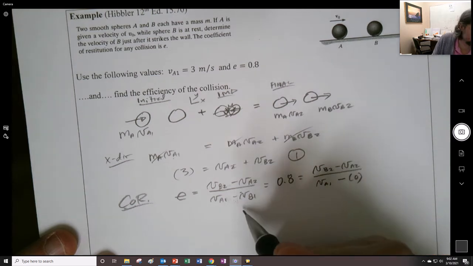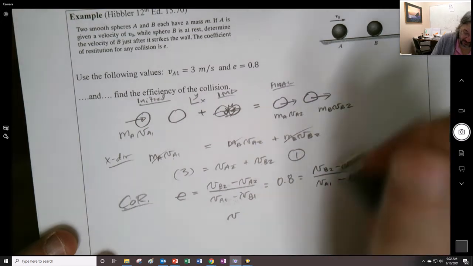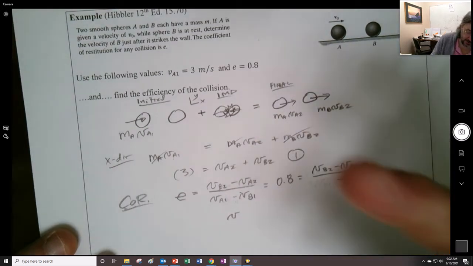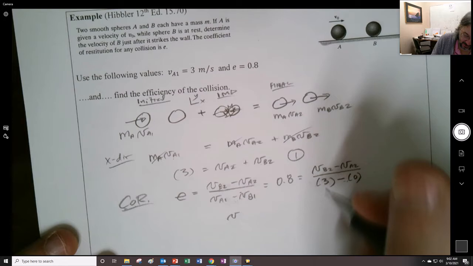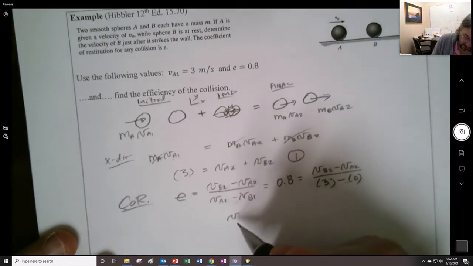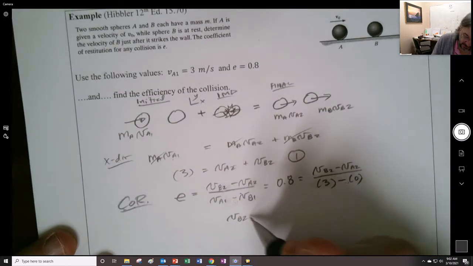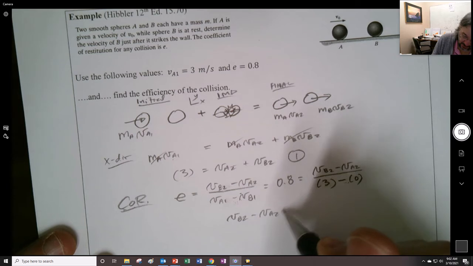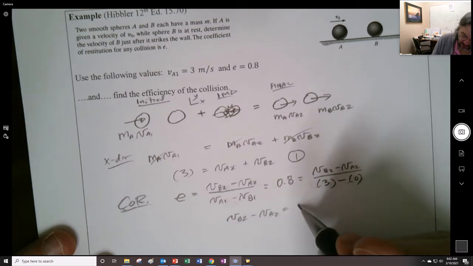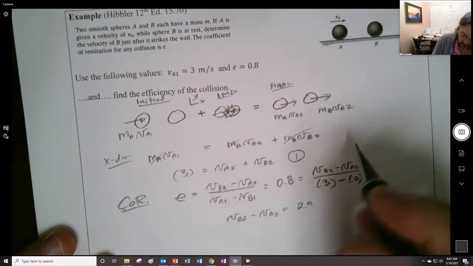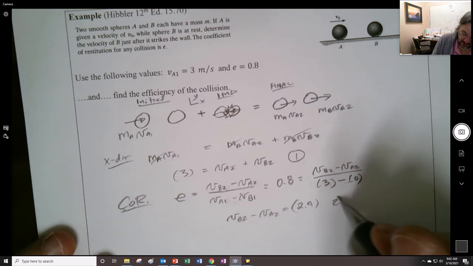So it's easy enough to look at this and say that we know this value, that value is going to be 3 in the positive direction. So what we can say is VB2 minus VA2 is just 3 times 0.8, or 2.4. Right there, right? So that's our second equation.